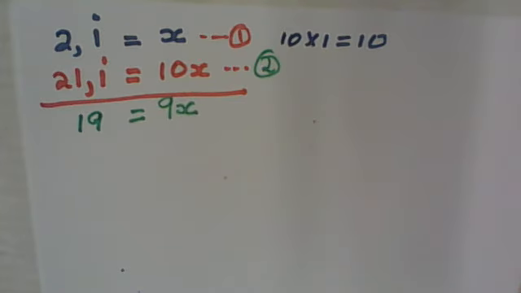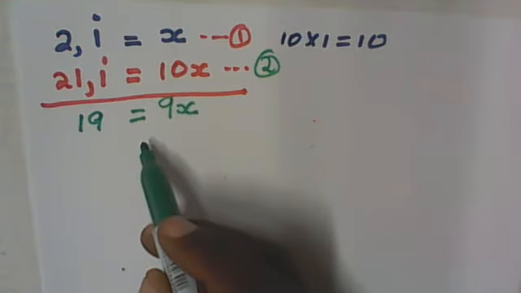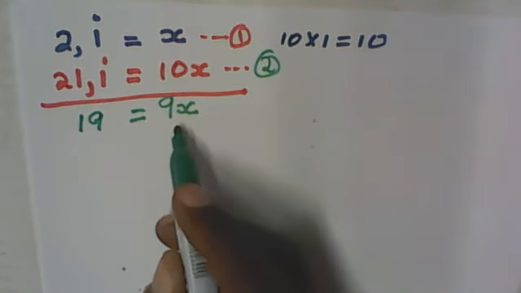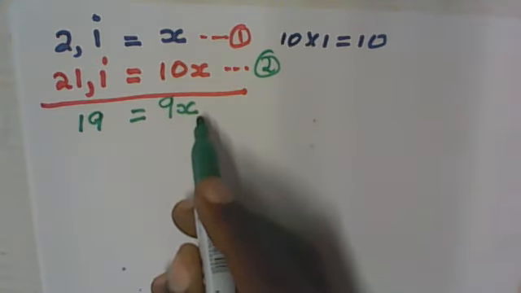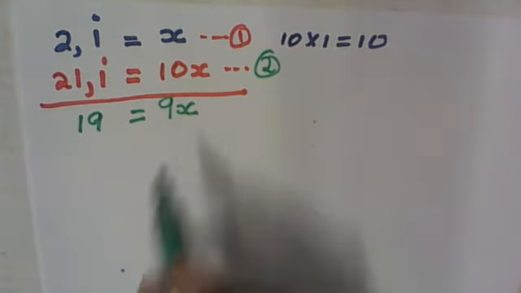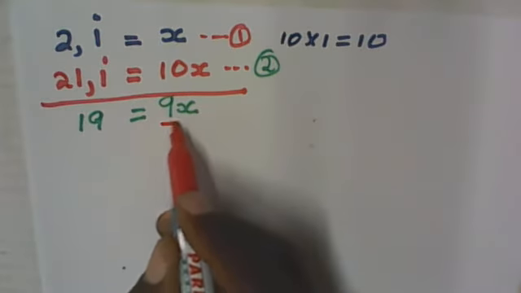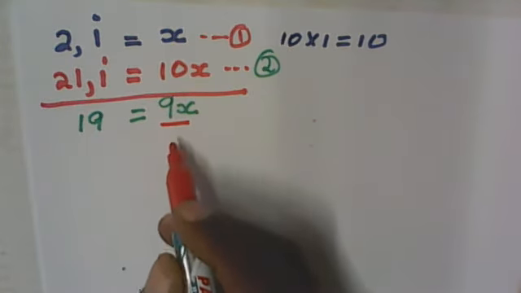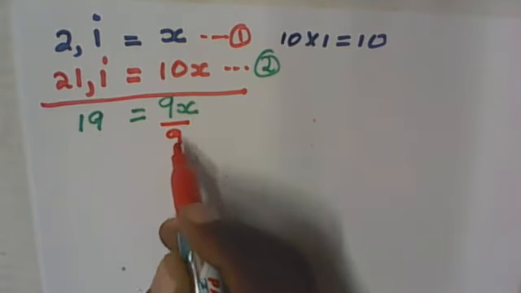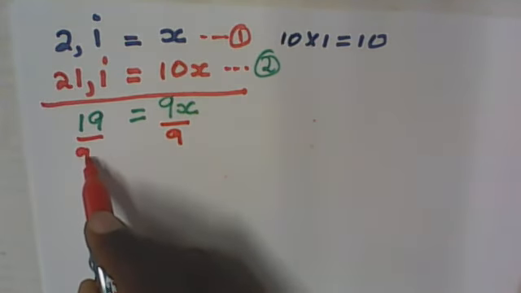Wow. And then we divide both sides by 9. We must get rid of the digit in order to get the literal coefficient. We divide by 9, divide by 9.